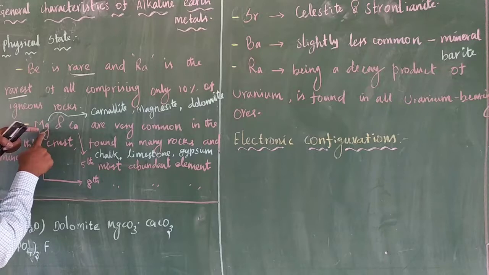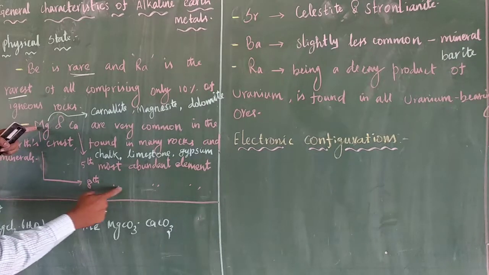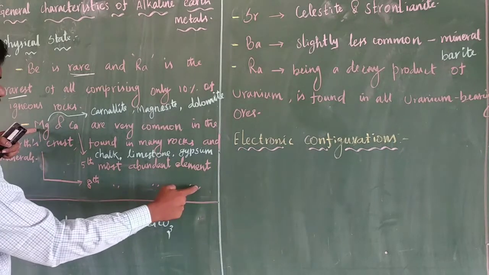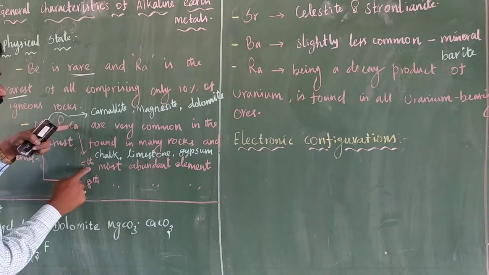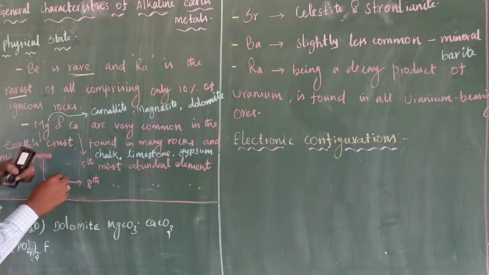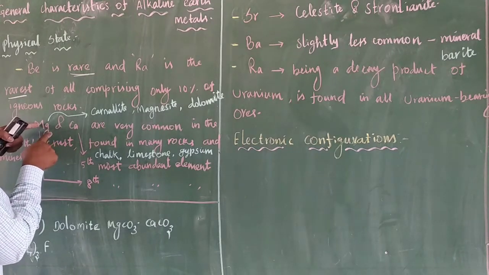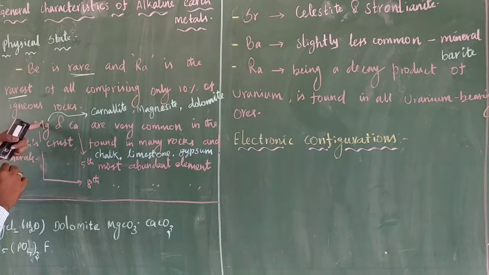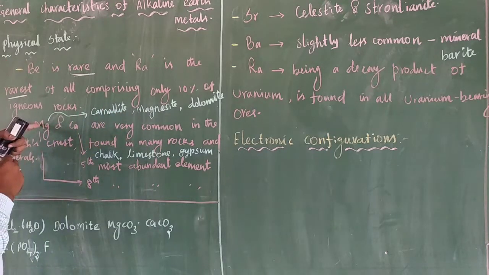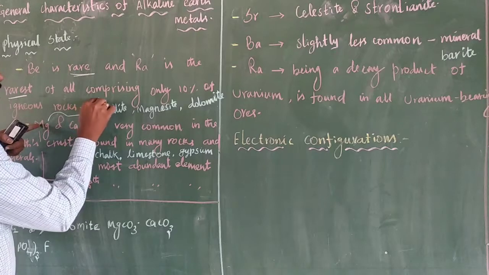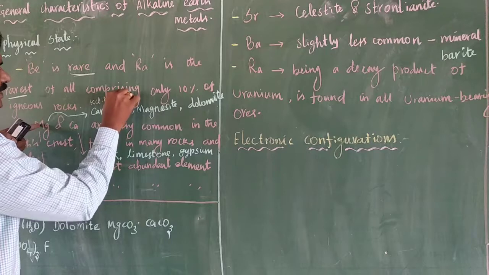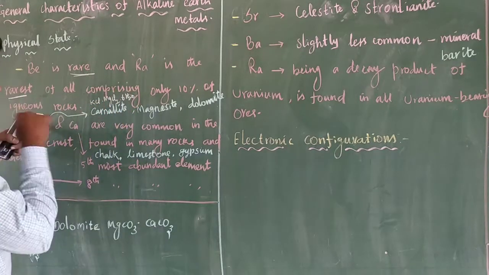Magnesium is the 18th most abundant element. Calcium is the 5th most abundant element. You right? Okay, so the minerals of magnesium: carnallite, potassium chloride, magnesium chloride, 6H2O.